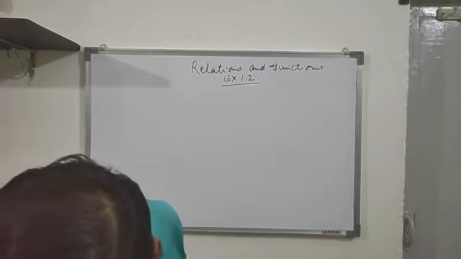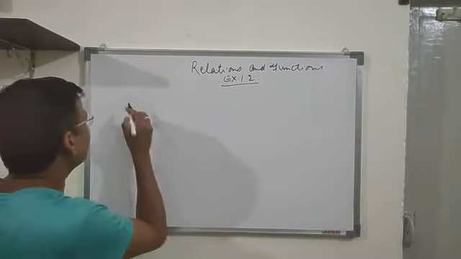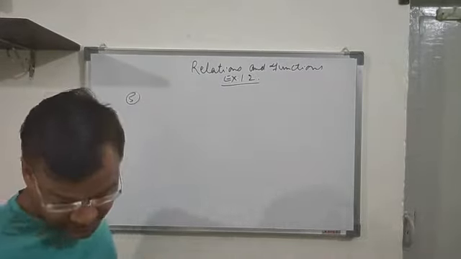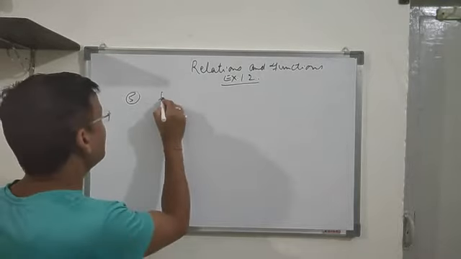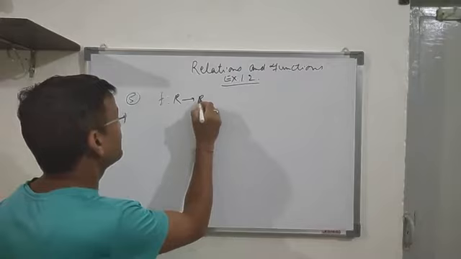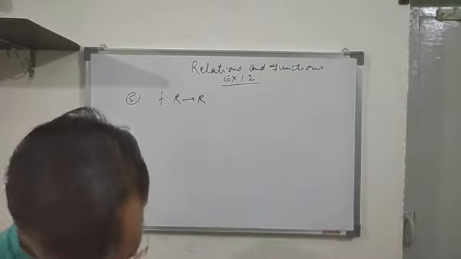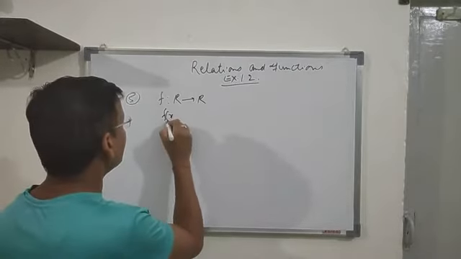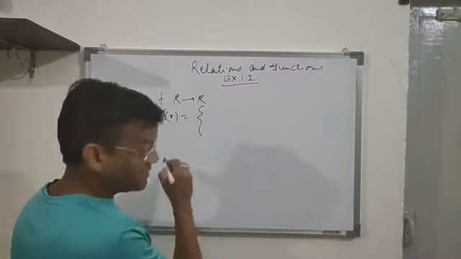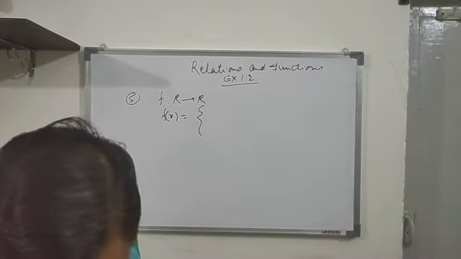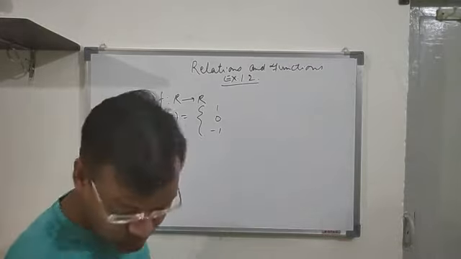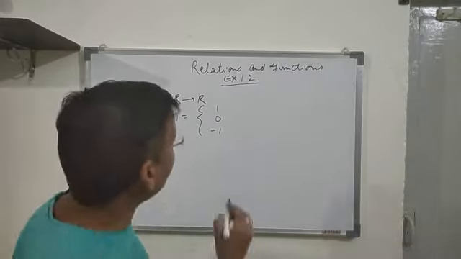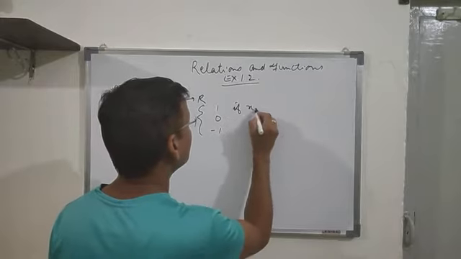Question number 5. f is a function from R to R such that f(x) is given as the signum function: 1 if x is greater than 0, 0 if x equals 0, and minus 1 if x is less than 0.